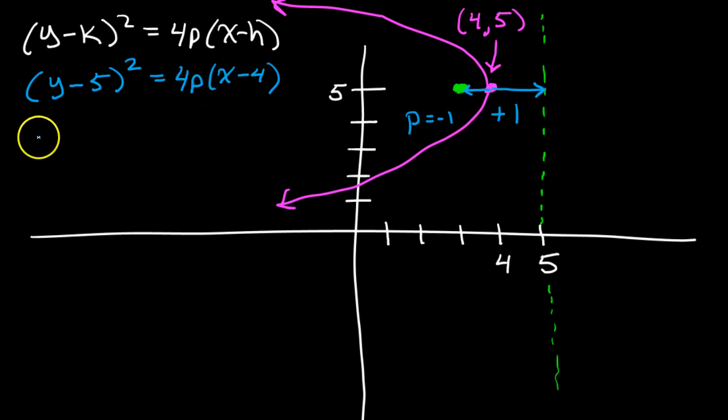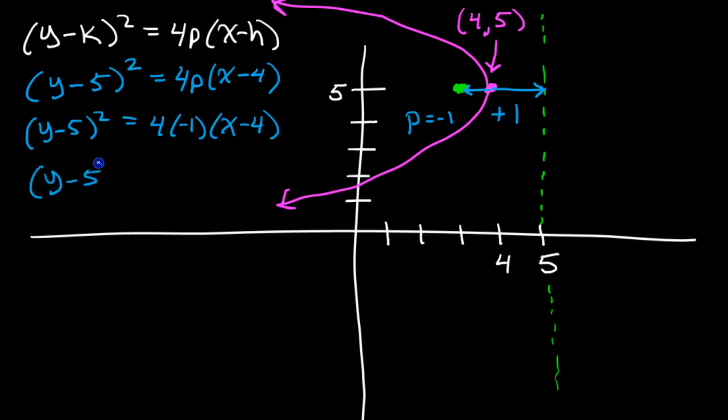If I substitute that into the equation, then I get (y - 5)² = 4 times negative 1 times (x - 4). So that gives us -4(x - 4).